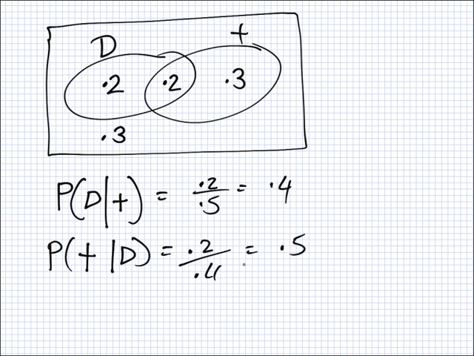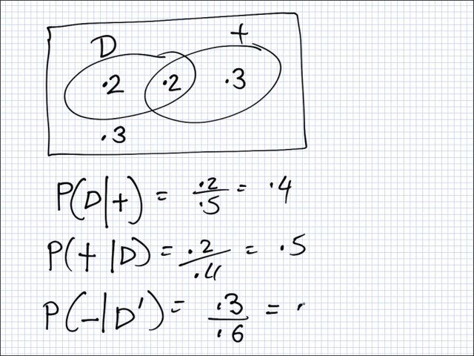Now, tell me how specific this test is. So that would be negative given no disease. That's 0.3 over 0.6. So just by coincidence, this test is also 0.5.